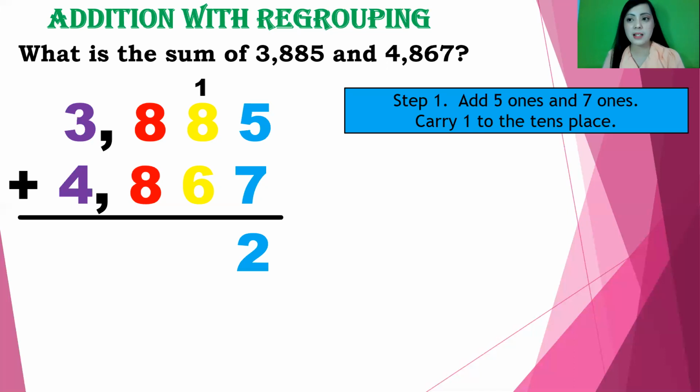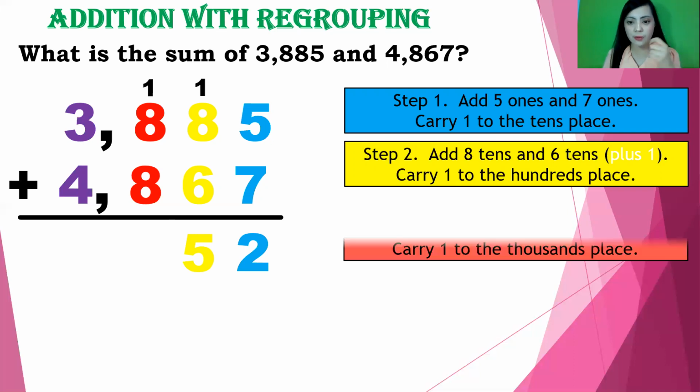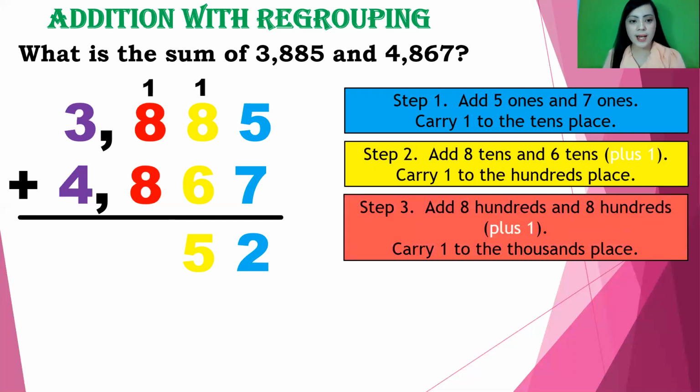So this time 8 plus 6 is equal to 14. Plus 1 on top of the 8 is 15. So that's 15. So what are you going to do? Carry 1 to the hundreds place. All right. Step number 3, 8 plus 8 is equal to 16 plus 1, the 1 on top of the 8, is equal to 17.